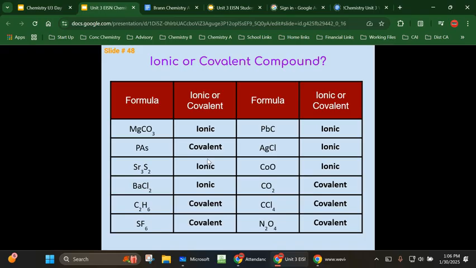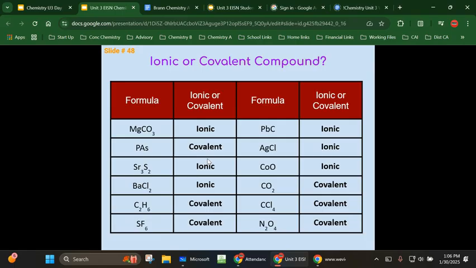Covalent. Now, again, ladies and gentlemen, I'm trying to give you a variety of ways of doing this. What right away in N2O4 tells you it has to be covalent? You're absolutely correct, and I'm not arguing that with you. But there's another reason you can look at that and say it has to be covalent.